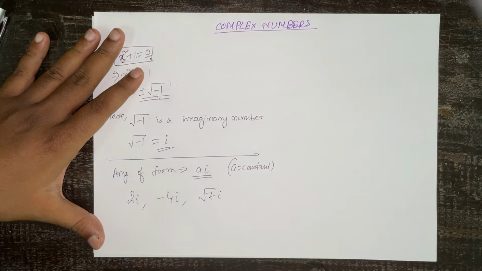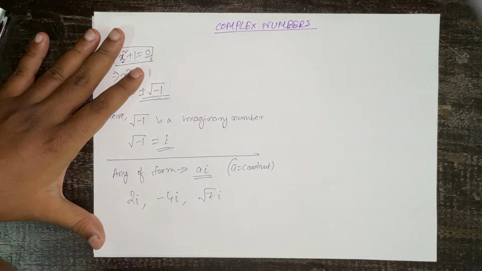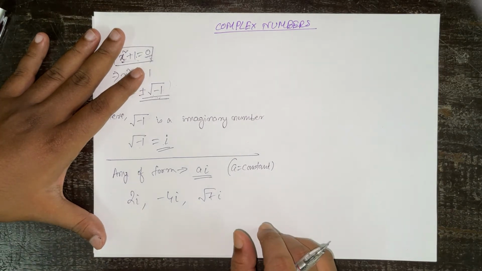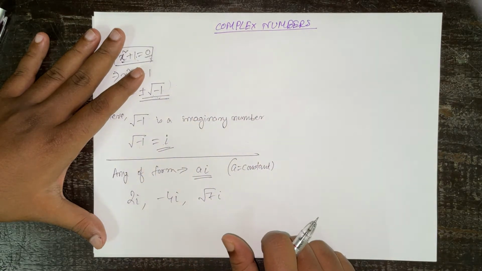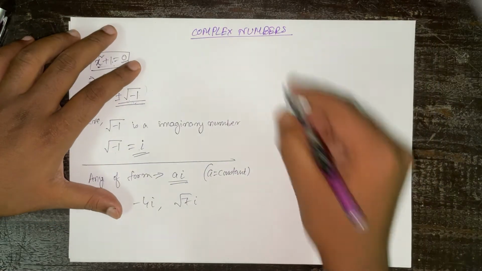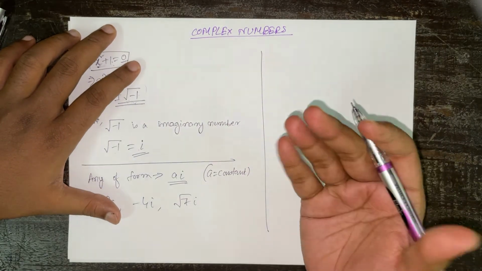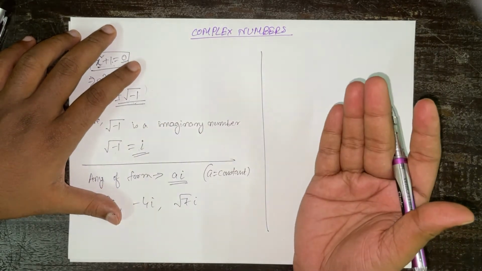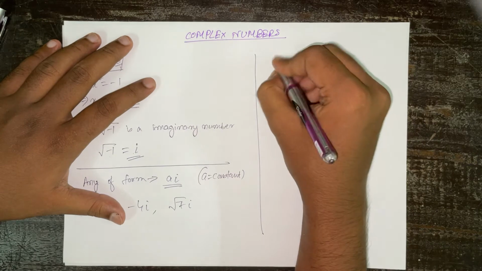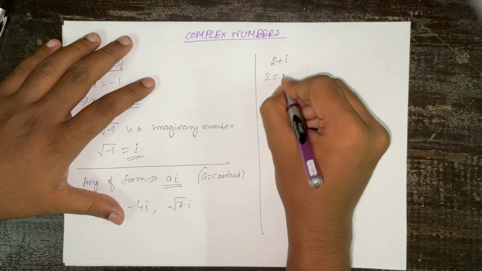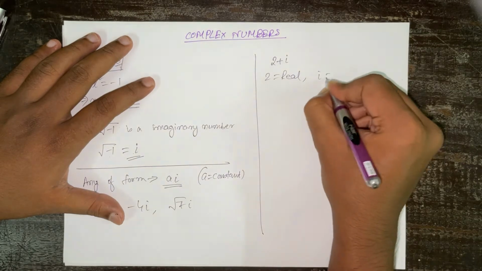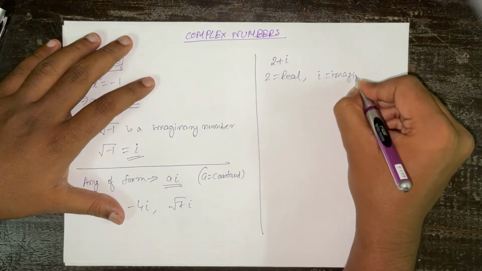Now, what do we mean by complex numbers, the chapter's name that we have here? A complex number means a combination of real and imaginary parts. Suppose we write 2 plus i. Here 2 is the real part and i is the imaginary part.